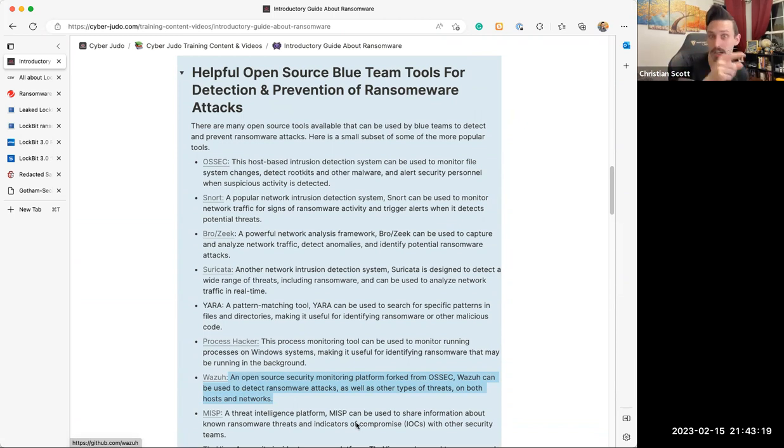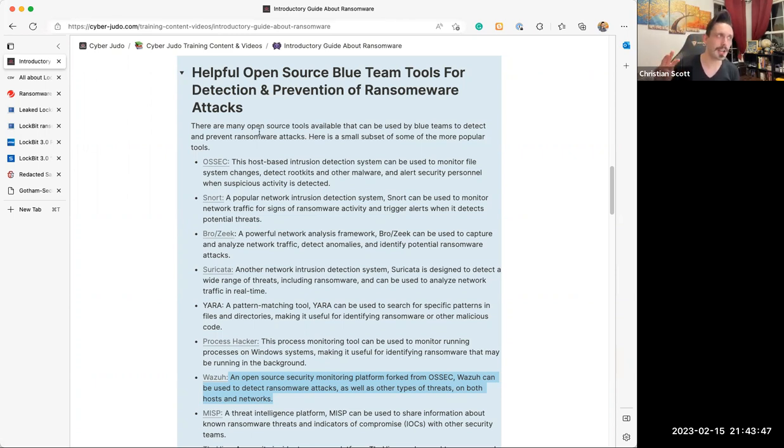One of the things I love about Wazuh is it has a ton of integrations with cloud platforms like Azure and AWS by default, right? It also has a ton of connectors for things like Docker containers, right? And microservices. So I find that Wazuh, while it's still kind of complex to deploy and manage, is a superior solution to OSSEC, right?